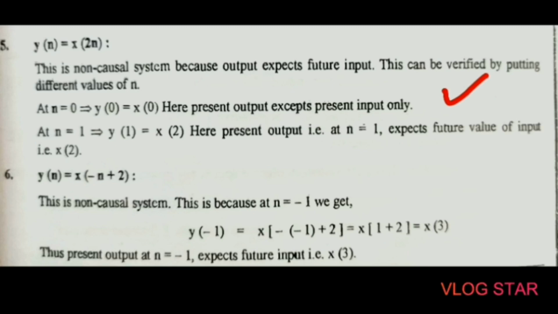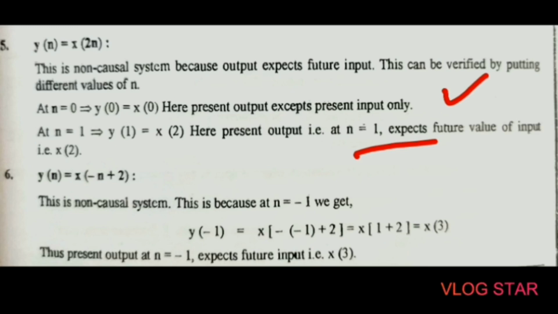At n is equal to 1, y of 1 is equal to x of 2. Here the present output, at n is equal to 1, expects the future value of input, that is x of 2. So the y of n value is dependent on a future value, x of 2, at n is equal to 1. Hence this is a non-causal system.